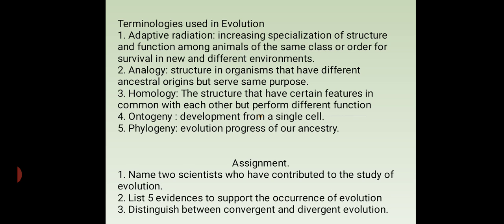A similar structure is the structure of our backbone, our vertebrae. That is 1. 2. Structures of pentadactyl limb. But because these features become specialized and are used for different functions, it enhances our survival in different environments. That is what is called adaptive radiation, increase in specialization of structures and functions among animals of the same class.